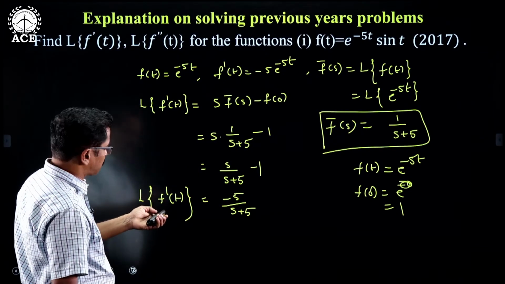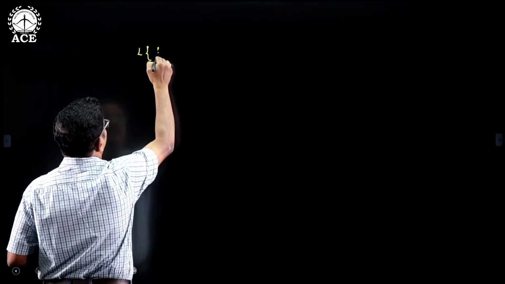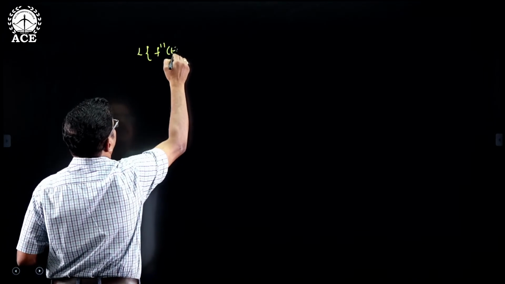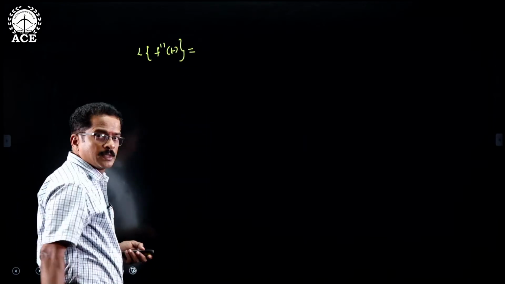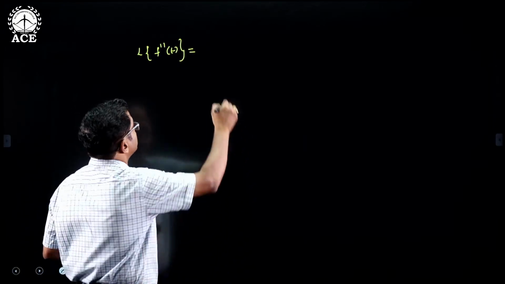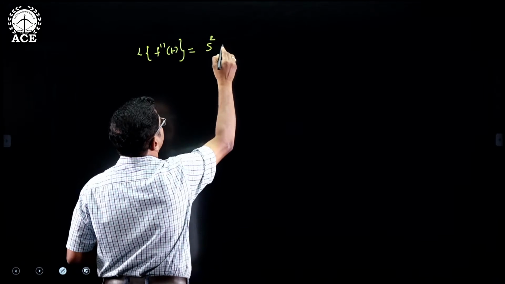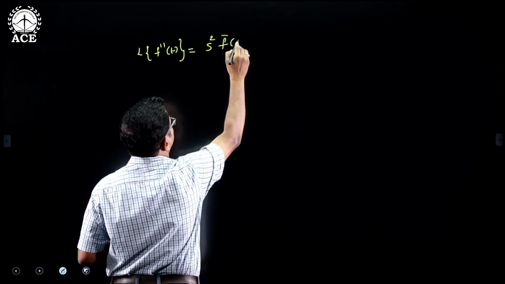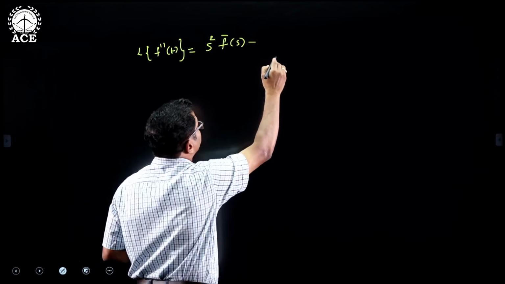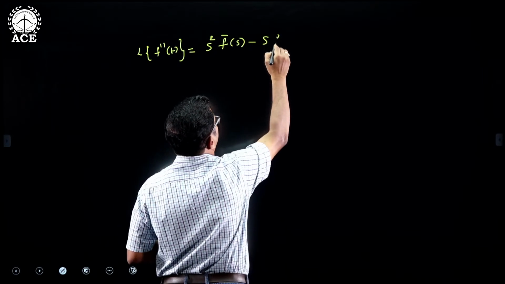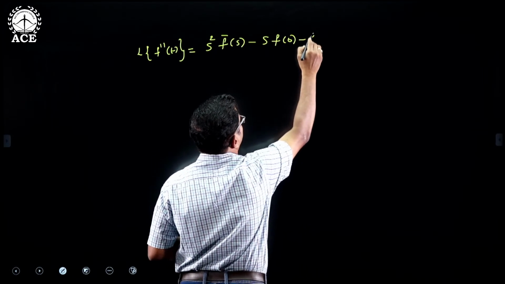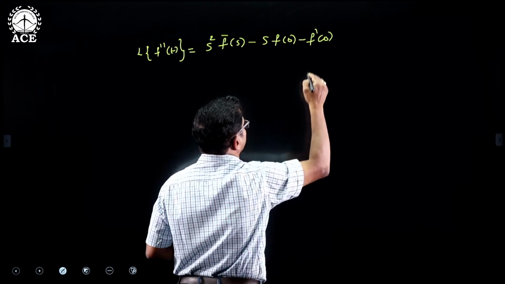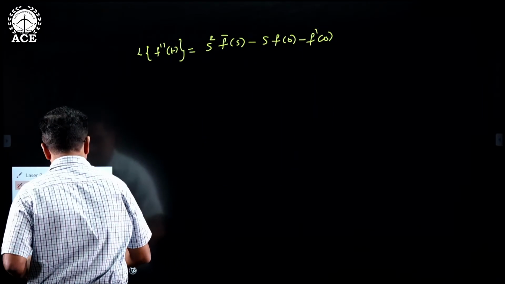Similarly f double dash of t, L of f double dash of t is equals to s square into f bar of s minus s into f of 0 minus f dash of 0.